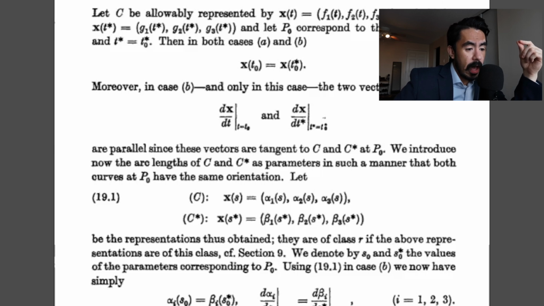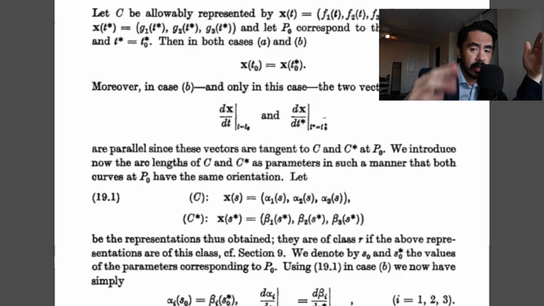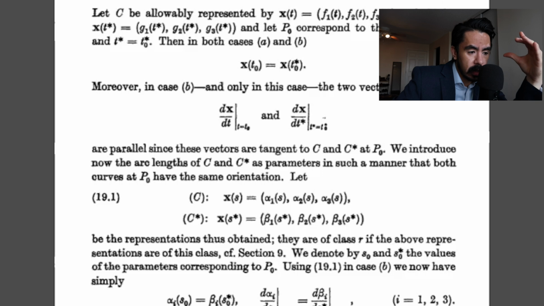We denote by S sub 0 and S star sub 0 the values of the parameters corresponding to P naught. So they're the arc lengths S naught and S star naught that, in the vector parametric representations in terms of arc length, put us at the point of contact between the curves C and C star.